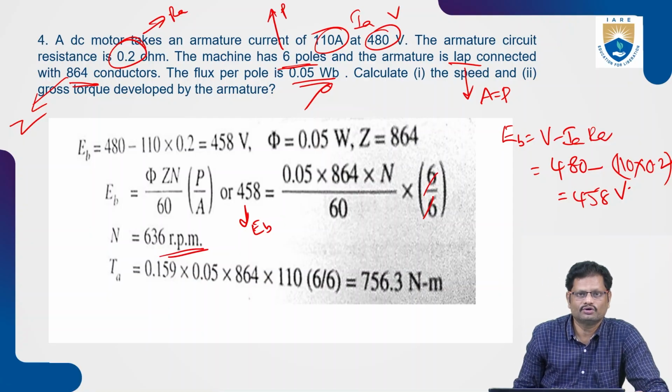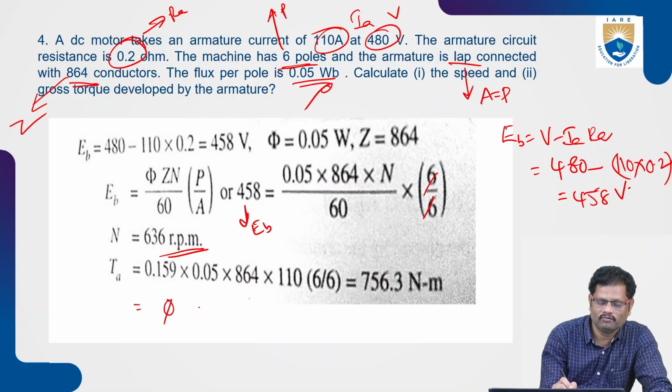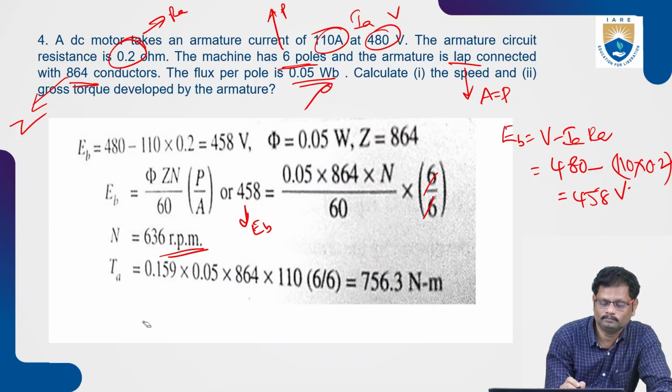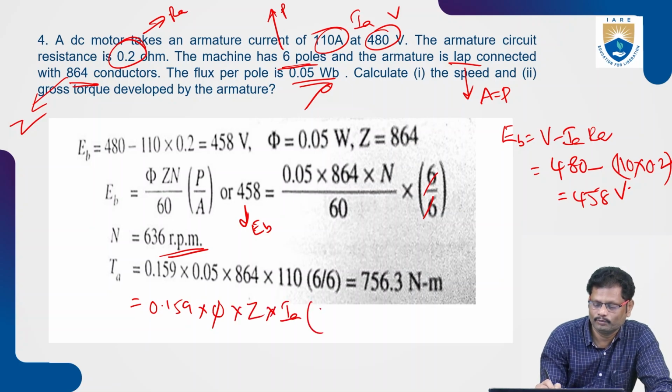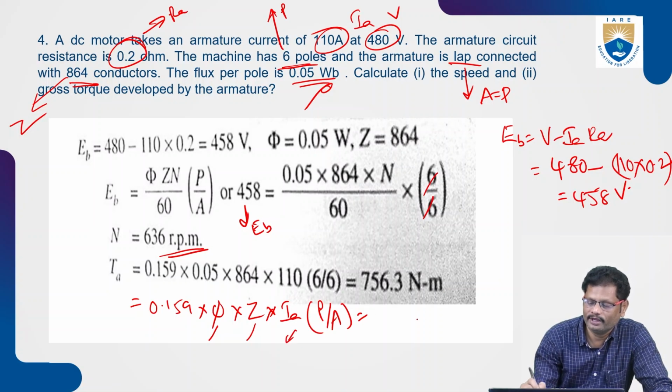And now we can substitute this value in the torque expression. We have the torque expression as 0.159 into phi into Z into IA into P by A. So flux per pole is given as 0.05 and Z value is given as 864 and IA is 110 and P equal to A here.